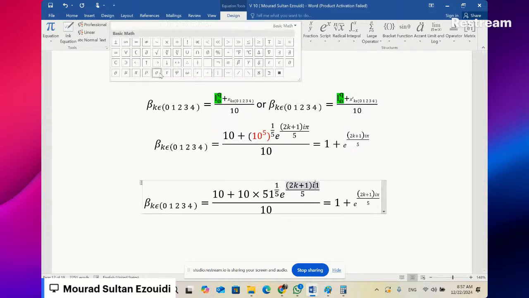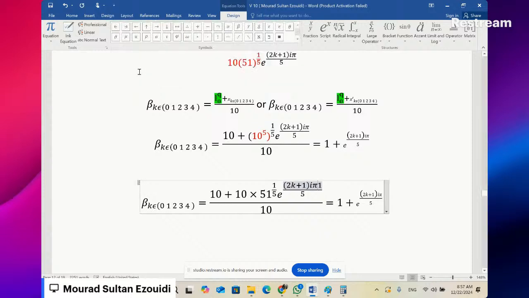Okay, I finish it now. Divide by 5. Divide by 2. You see, 10 divided by 10 gives you, it remains only 51 exponential plus 10 extra.